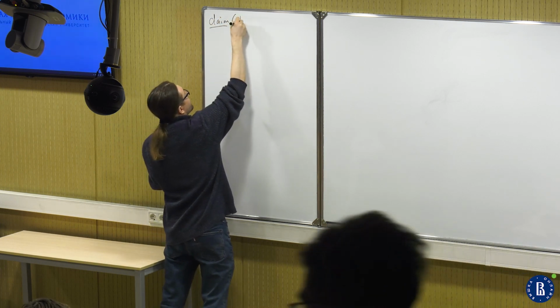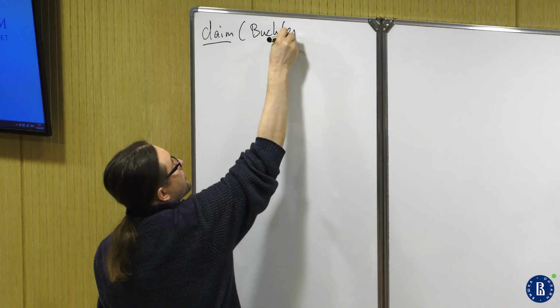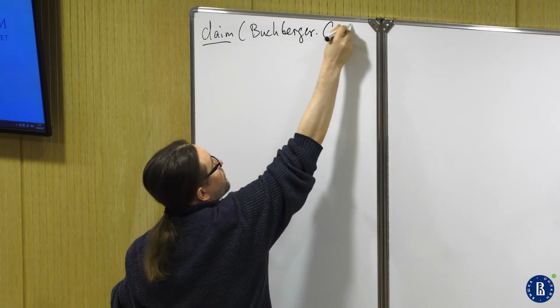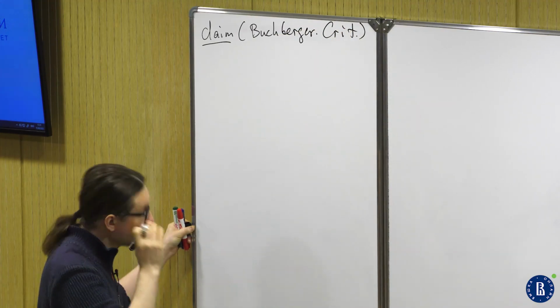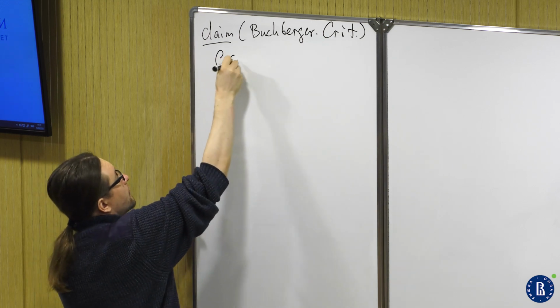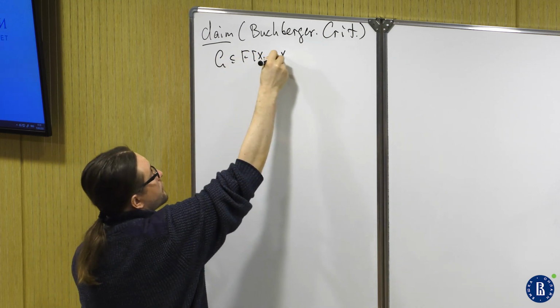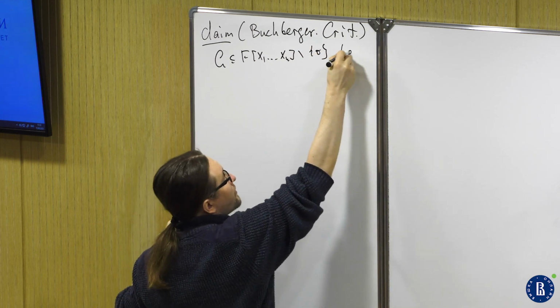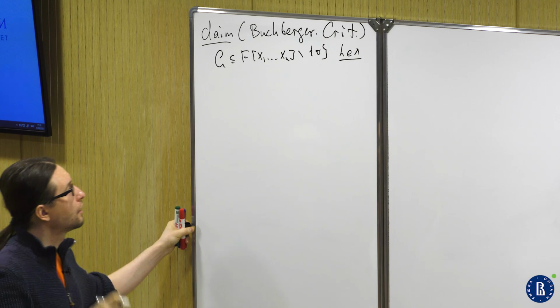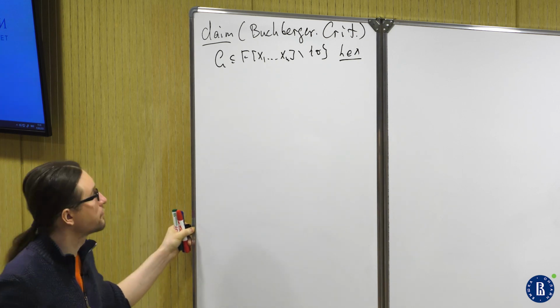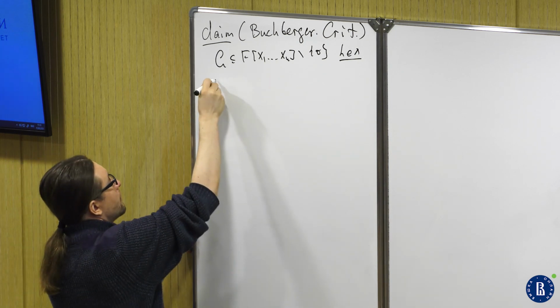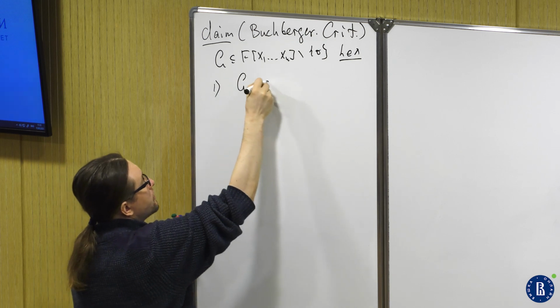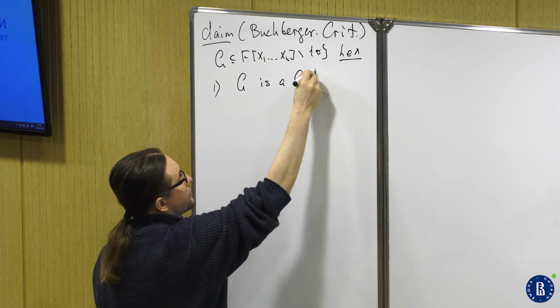the claim. The Buchberger criterion. Suppose we have a set of non-zero polynomials in several variables, and we have some lexicographical ordering fixed. Then the following three statements are equivalent. The statement number one, G is a Gröbner basis.